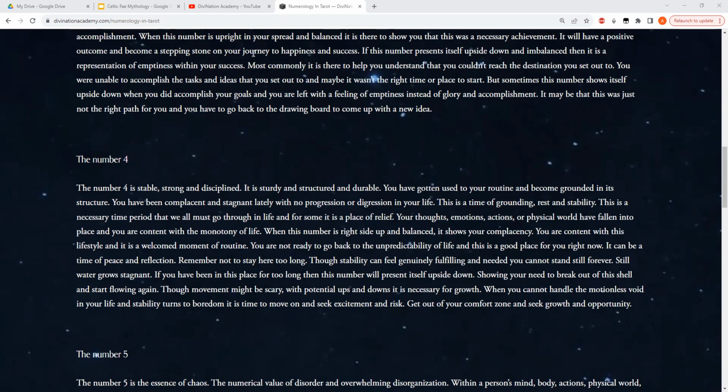That is a fantastic representation of the number 4. And I actually find it very interesting too that when we talk about 4 in tarot, instead of making it the person's entire personality, we're just talking about one tiny aspect of their life.